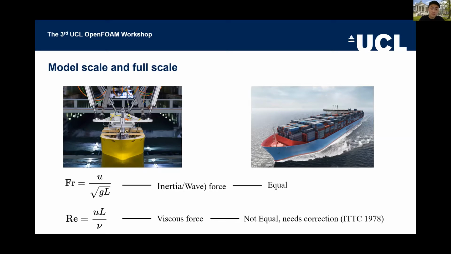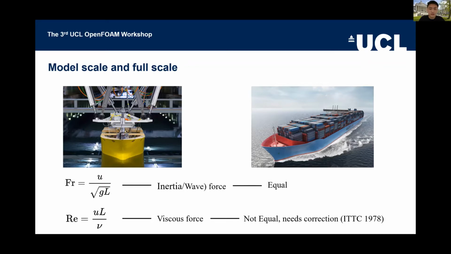In other words, the Froude number and the Reynolds number cannot both be equal in model scale and full scale. So the force predicted in model scale will bring an error when you consider it in full scale. To correct this, we need to apply a correction procedure.